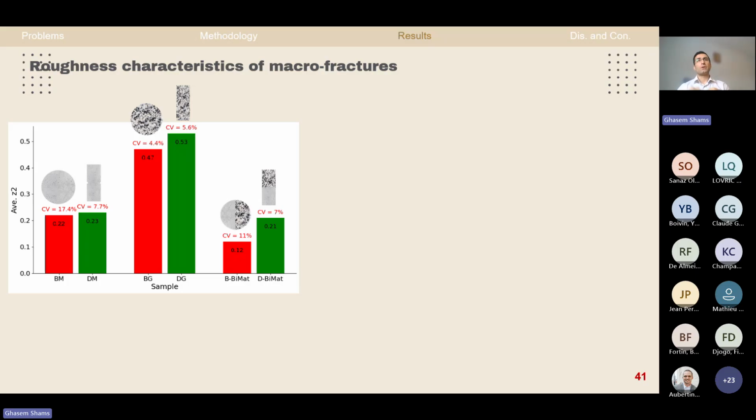The higher the Z2, the rougher the surface. As you can see, in all cases, for mortar, granite, and biomaterial, we have rougher fractures from the direct tensile test than those from the Brazilian test.